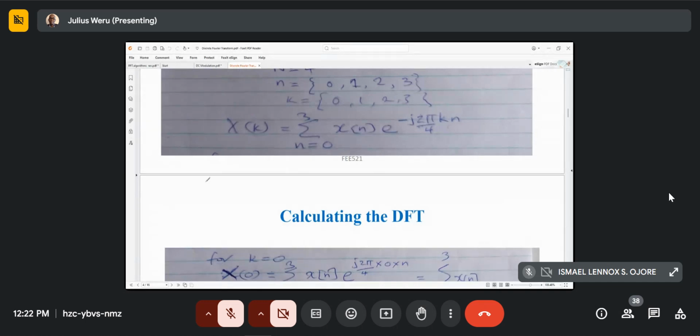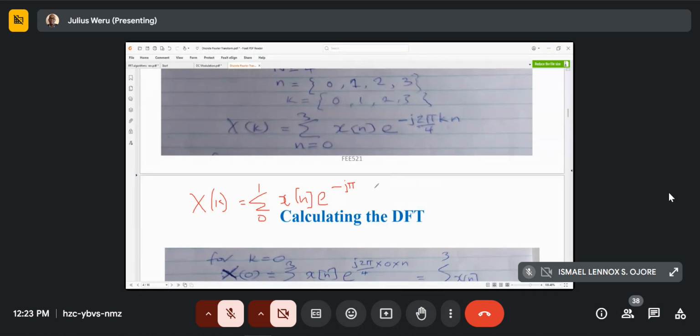X of k is equal to the sum from n equals 0 to N minus 1, which is 0 to 1, of x of n times e to the minus 2 pi over 2, which is minus j pi, because you have 2 pi over 2.